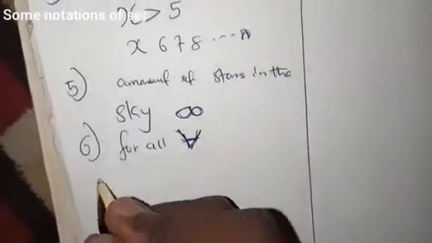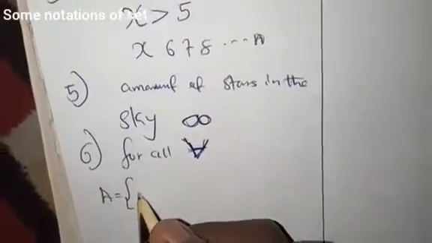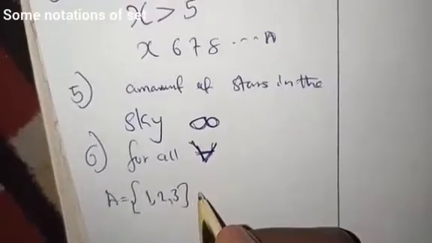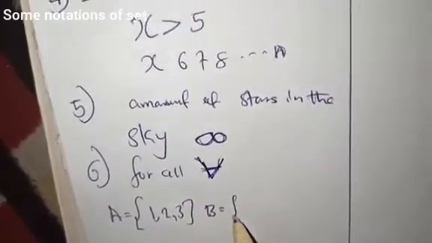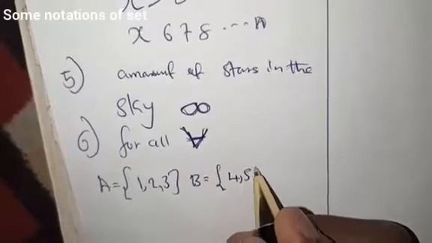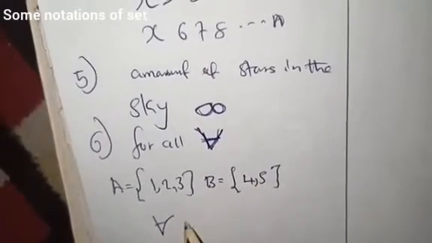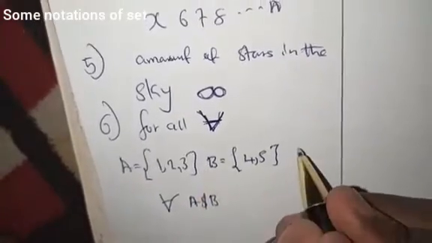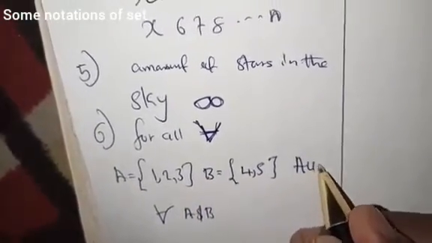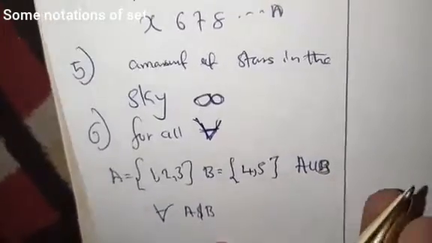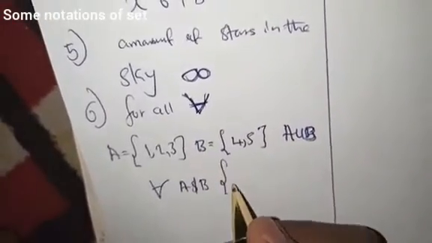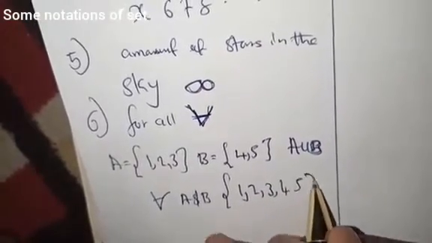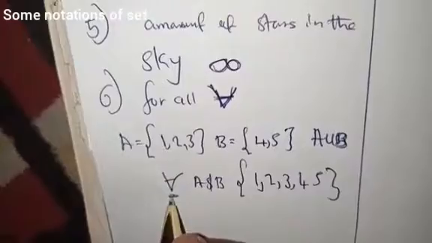For example, if set A has 1, 2, 3, and set B has 4, 5, and you were asked to find the union of A and B, then for all A and B it can be given as 1, 2, 3, 4, 5. This is the frequent notation that is used in sets.